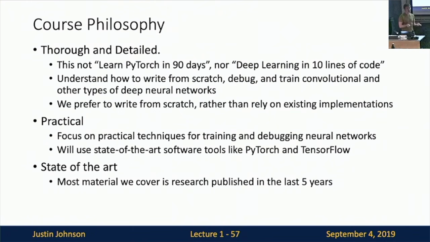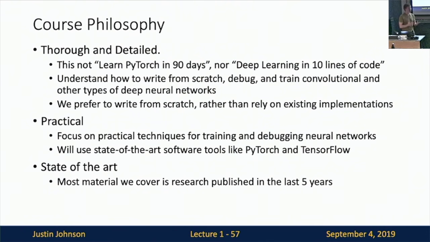We're going to focus on state-of-the-art. A lot of the material that we cover in this course, despite the long historical context that we talked about in this lecture, the majority of the actual concrete implementations and concrete results that we'll talk about in this course have been discovered in the last 5 to 10 years. So this has a couple of implications for teaching the course.